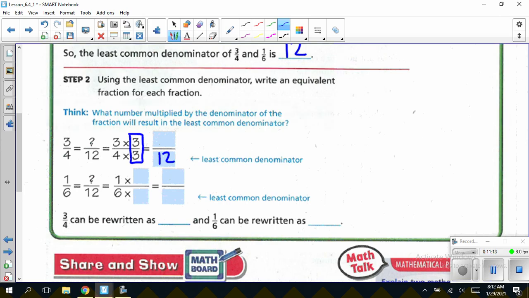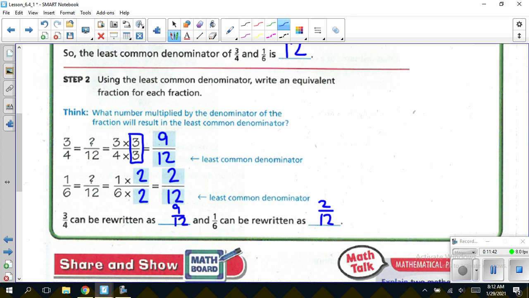So now 3 times 3 equals 9. And then do the same thing to the 1/6. Again, I want to use that LCD of 12, and I know that 6 times 2 gives me that 12. So multiply the numerator by 2 as well, and 1 times 2 is 2. So 3/4 can be rewritten as 9/12, and the 1/6 can be rewritten as 2/12.